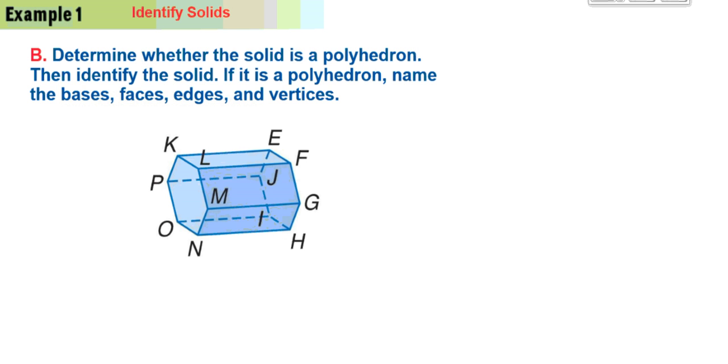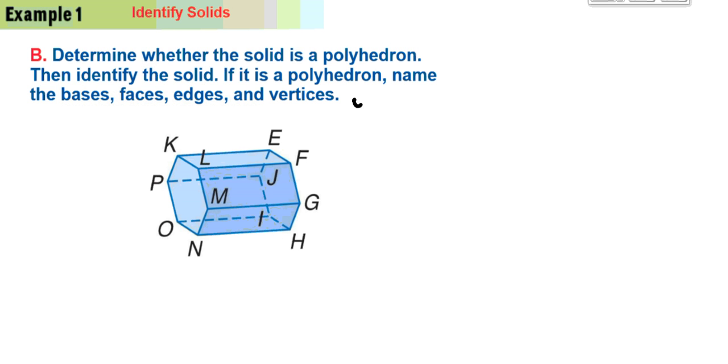So the first thing we have to do is name the polyhedron. What would you call this one? If it has 6 sides, what's that called? Starts with an H, E, X, hexagon. And is it a prism or a pyramid?